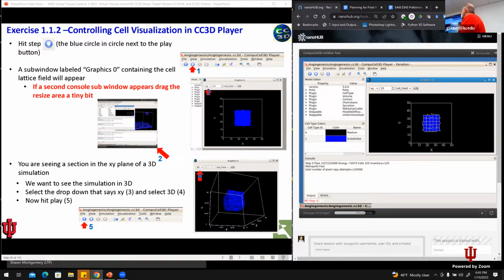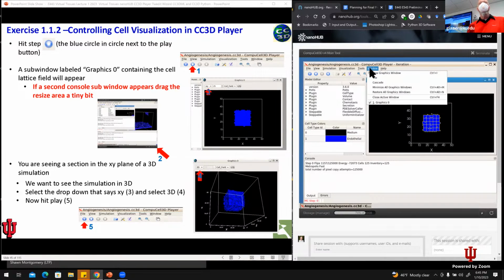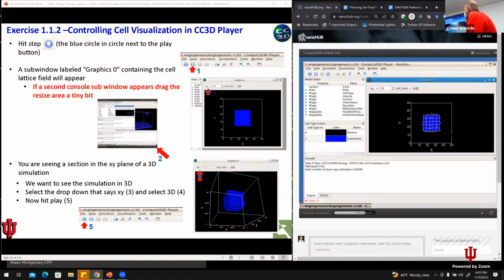One feature that exists in PCs and nanoHUB, but not on Macs, which is very convenient, and this is not our fault, this is a Mac problem, is if you go under the Windows menu here, the second from the top called Tile will lay out your screen. So if you lose your simulation, you can hit Tile and it should find it for you. The other thing, if you get things in a strange state, if you hover over the screen and hit the letter R, it should reset the screen.